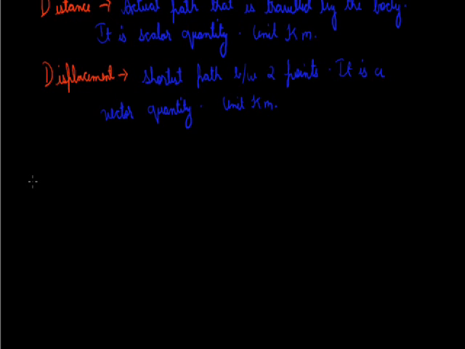Let us discuss an example. If a boy is at position A, he wants to go to position B. But as he starts moving, he remembers that he wants to go to point C also.